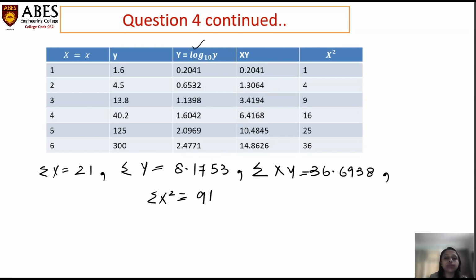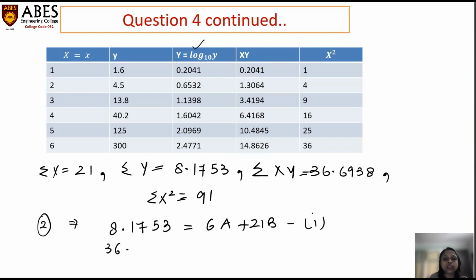Put the values in equation number 2 and 3. That is 8.1753. Observations are 6 total, so n will take the value 6. Then the second equation, 36.6938 equals A summation x, that is 21a, plus B summation x square, that is 91b.